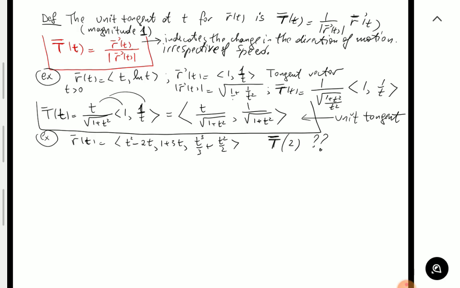All right, so let's go over the steps. Obviously I cannot plug in 2 right away. I need to differentiate with respect to t, so I can find the tangent vector. That'll be 2t minus 2, 3, t squared plus t.